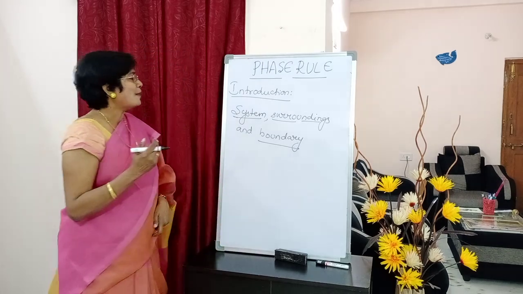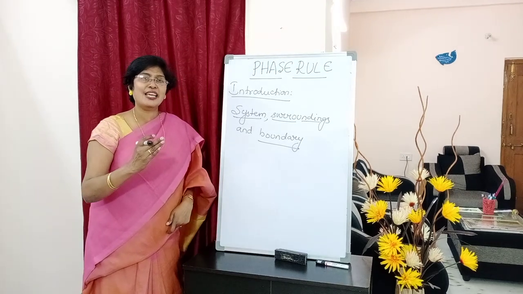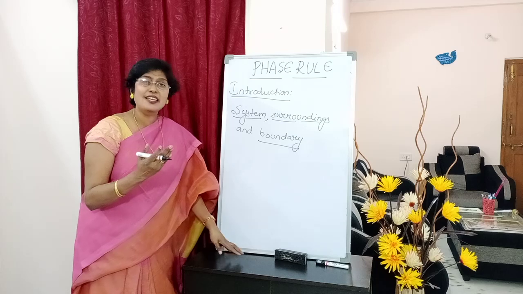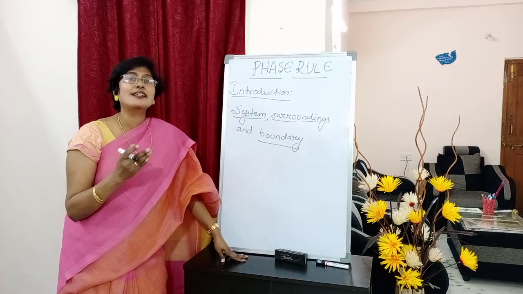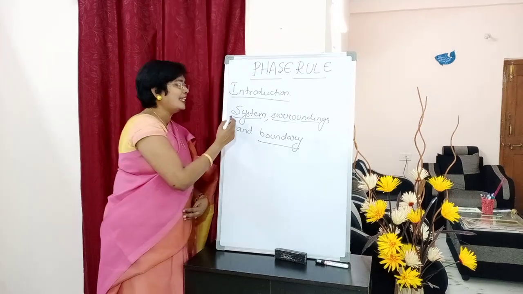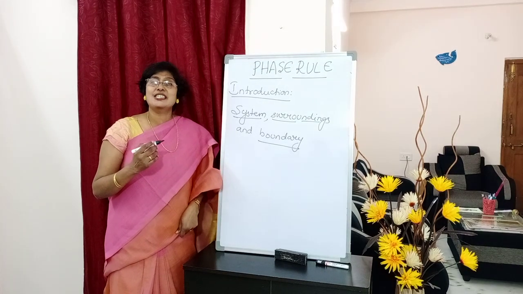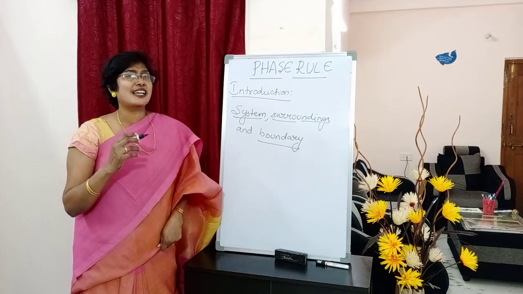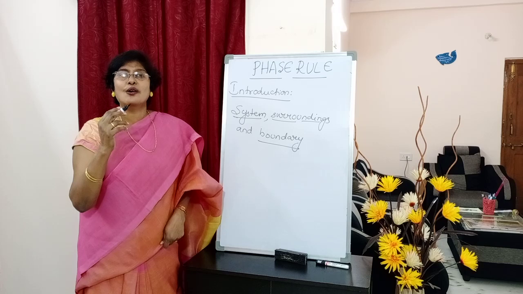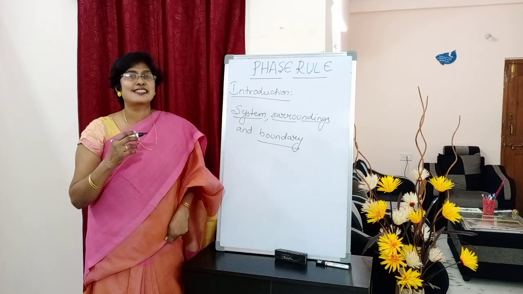Now, coming to system, any material in the universe which is under study or observation, we call it as system. What is system students? Any material or anything in universe which is under observation or under study, we call it as system.